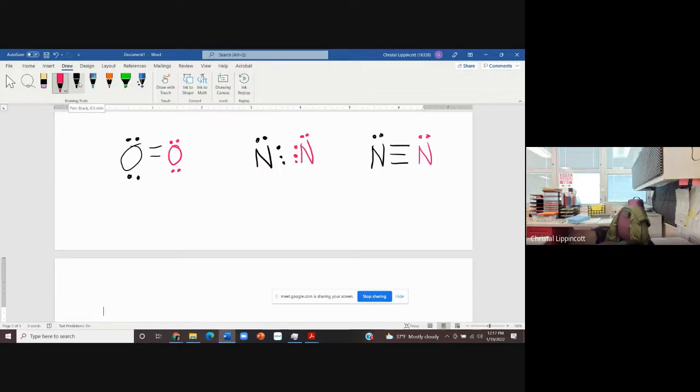Otherwise, you're not going to be able to get that to move around, because you've only got 10 to play with. You can't add any more in. So you've got to keep shifting them around until you get everything positioned where it needs to be. So that is carbon monoxide.